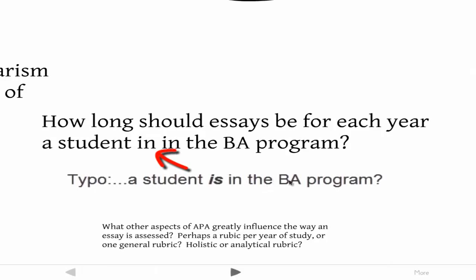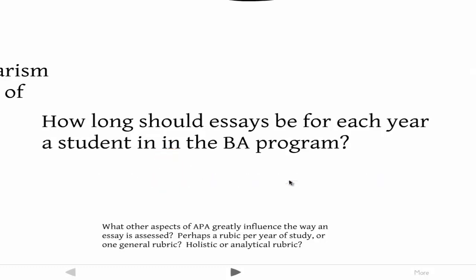It depends on the year and the program, but from our context, this question needs to be addressed to assure that we're not requiring too much from students at lower levels, or perhaps that we increase expectations for more advanced learners.